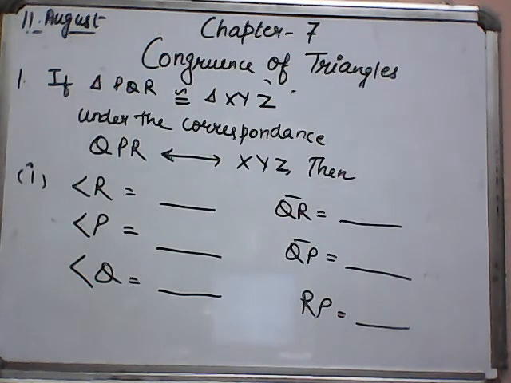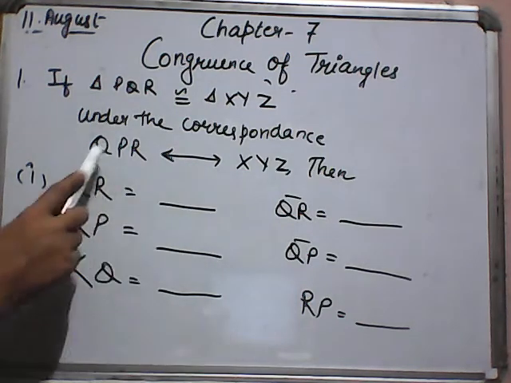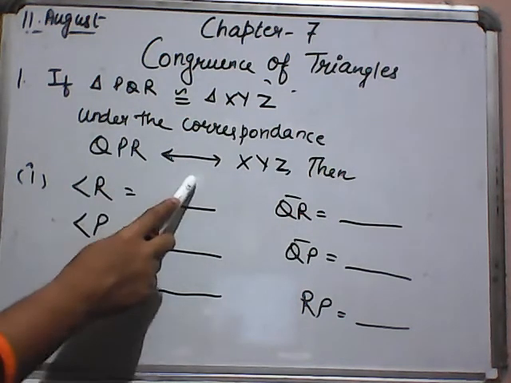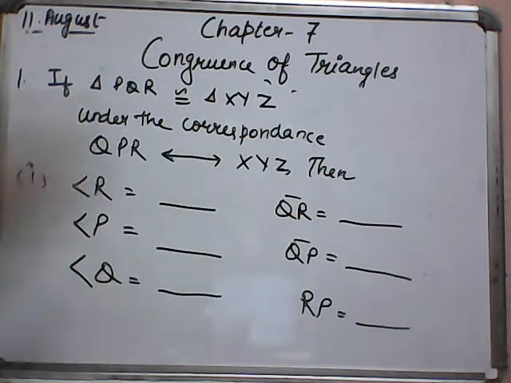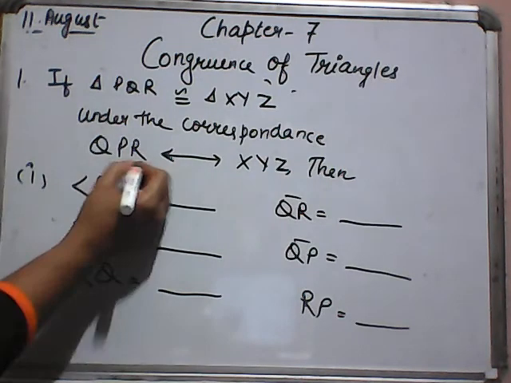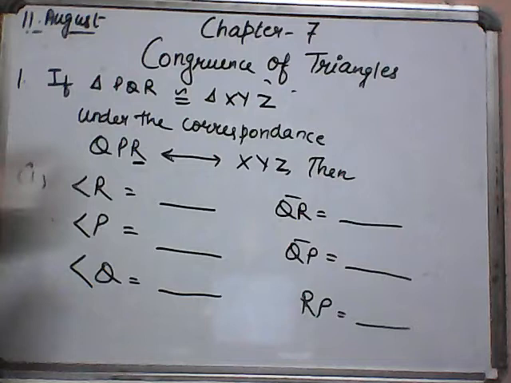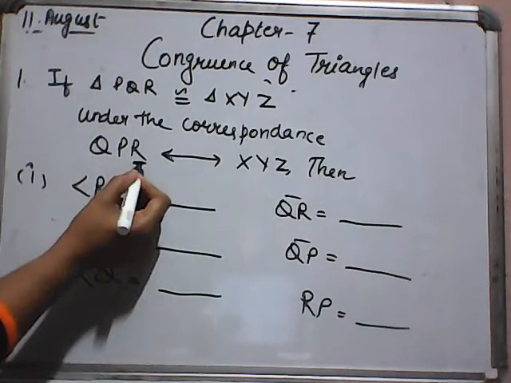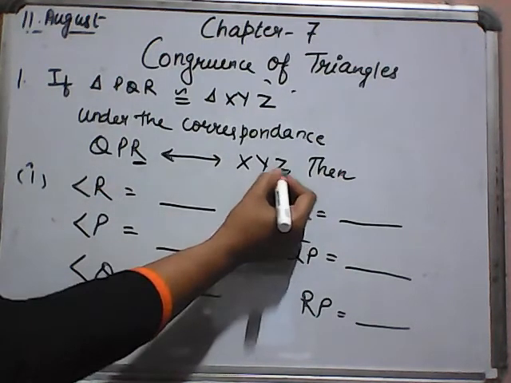In this question, triangle PQR is congruent to triangle XYZ. It is given to you. The correspondence is also given: PQR corresponds to XYZ. It means you have to find out the equal measure of these parts. Now angle R is in third position. Here angle Z is in third position.